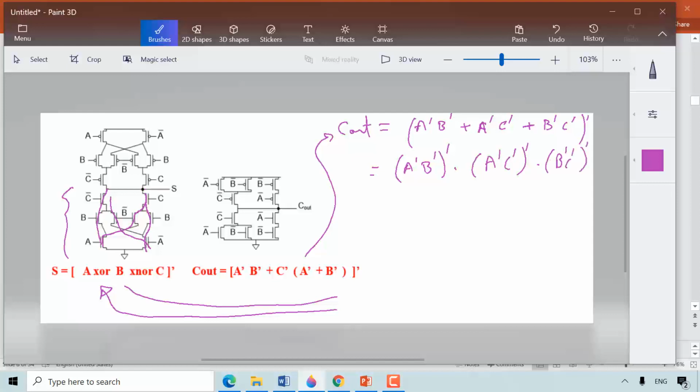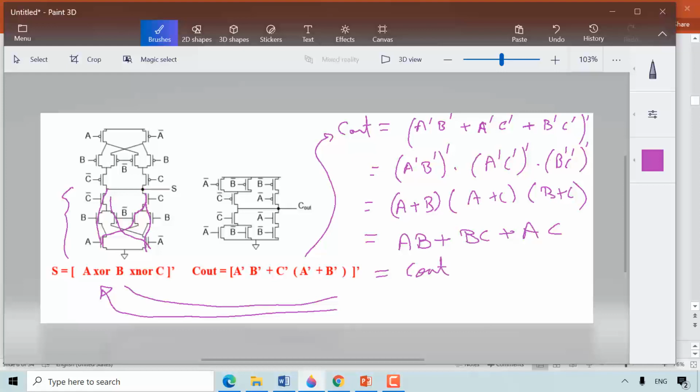Now open the brackets under De Morgan: A or B, ended with A or C, ended with B or C. If you open the brackets at the end, you will get AB or BC or AC, which is the expression for C out, which is actually the majority function as we have seen earlier for A, B, C.